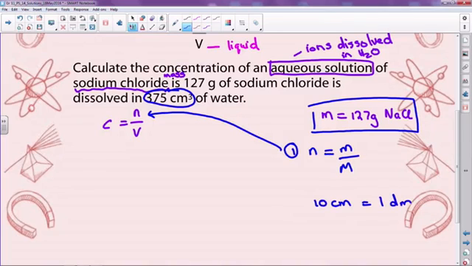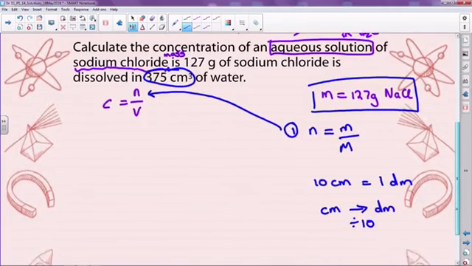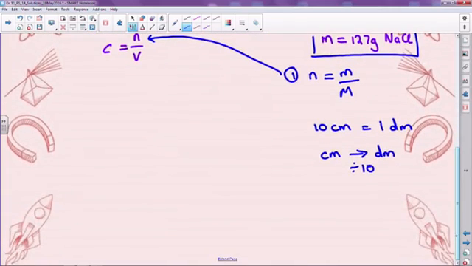You do need to do these conversions quite often, and sometimes we forget. So a little bit of a recap here. There are 10 centimeters in 1 decimeter. So if I am going to convert from centimeters to decimeters, I'm going to divide by 10. If I'm going to go from centimeters squared to decimeters squared, the really nifty thing is I divide by 10 squared.